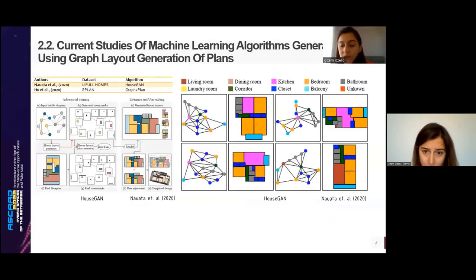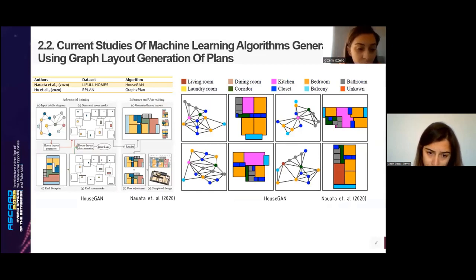So among the studies that we found in the end, one of them belongs to Nauata, the House-GAN algorithm. Here we can see that in the House-GAN algorithm they are trying to understand how they could generate the House-GAN plans.